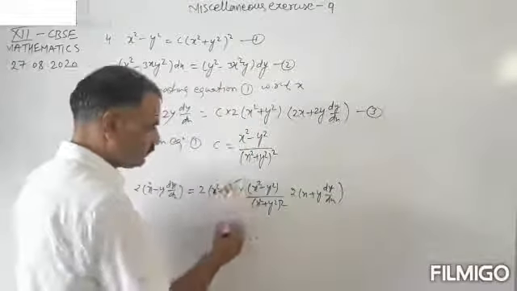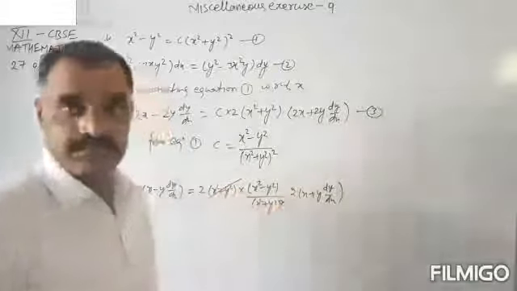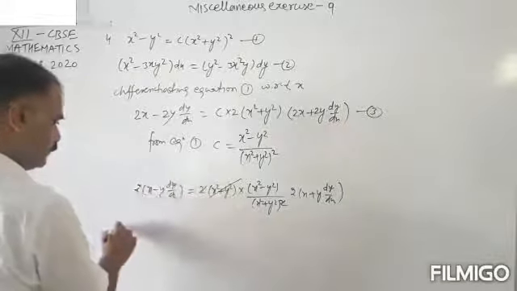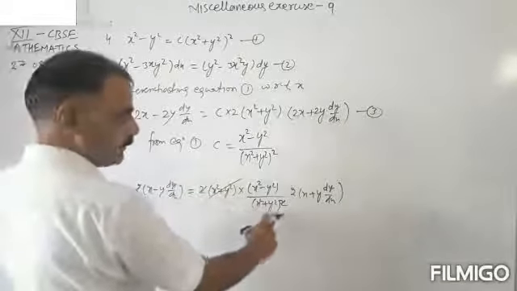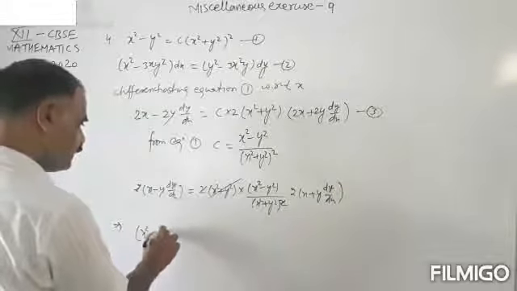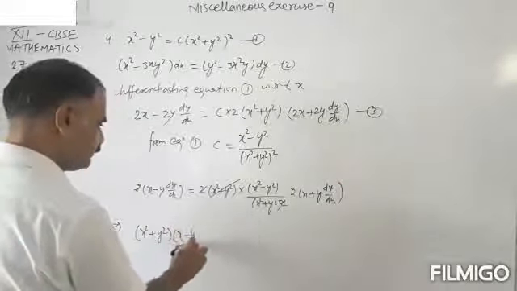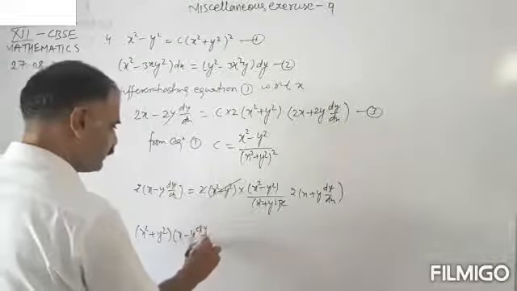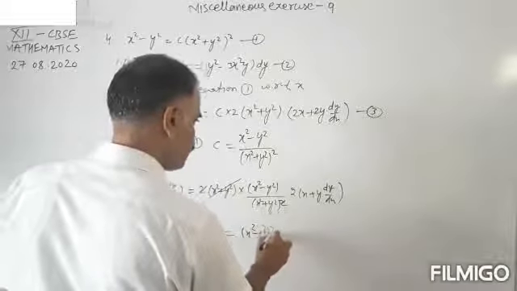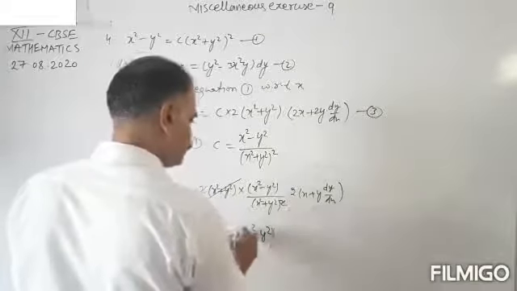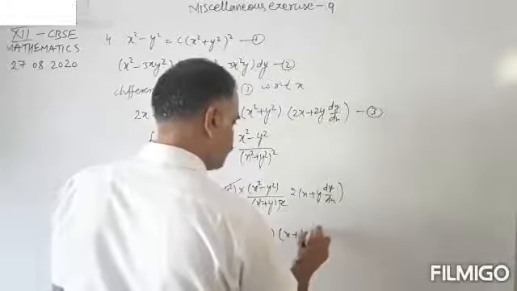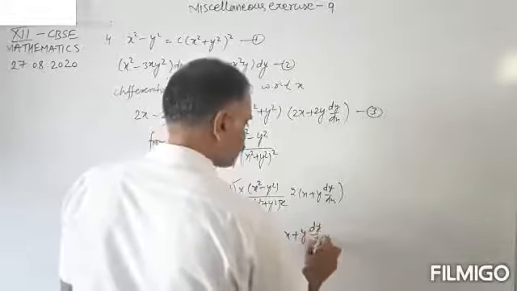Here x square plus y square cancels one power, and 2 cancels 2. So (x square plus y square) multiplied with (x minus y dy upon dx) is equal to (x square minus y square) multiplied by (x plus y dy upon dx).